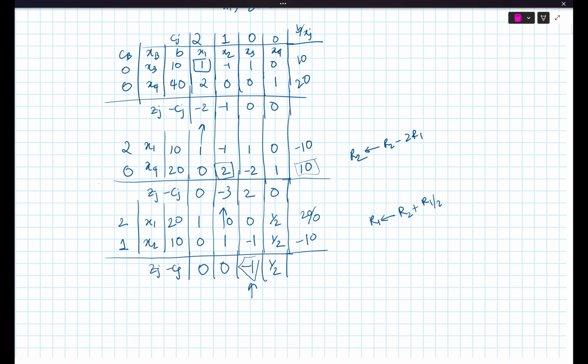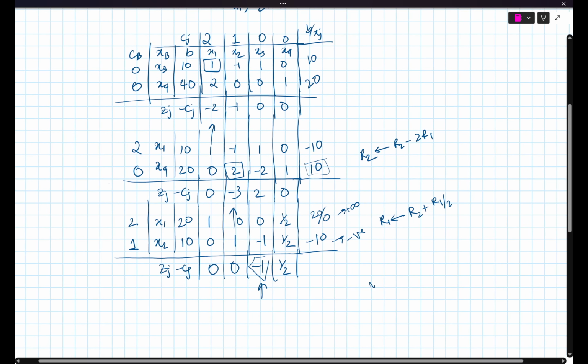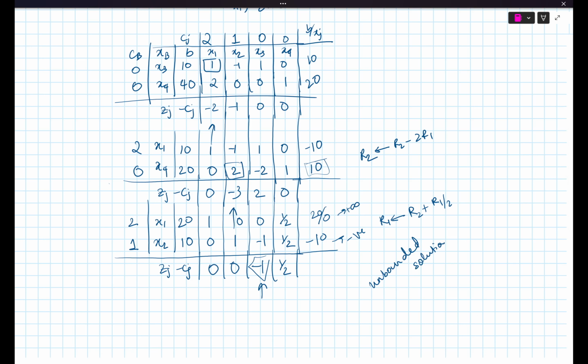If I have this infinity here and a negative value here, unbounded solution. Yeah, we have an unbounded solution. I can keep increasing and still my basic variable won't come down to 0.